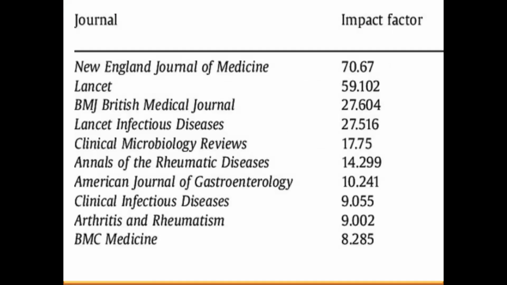We have the New England Journal of Medicine, or the NEJM, with an impact factor of 70.67. Then we have the Lancet. If you ever came up with research and it gets published in the New England Journal of Medicine, it is more likely to be cited numerous times.